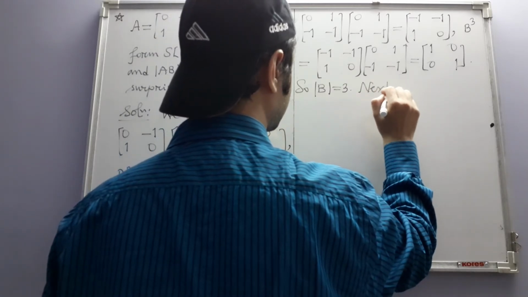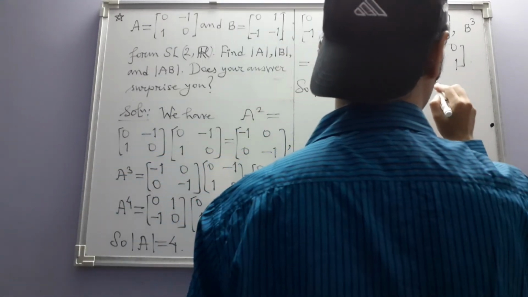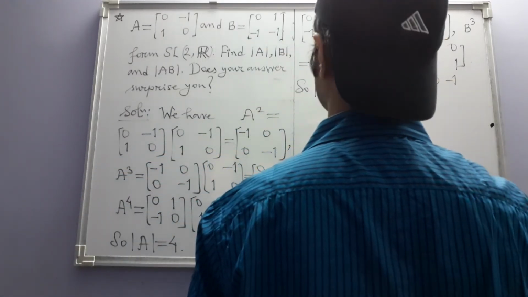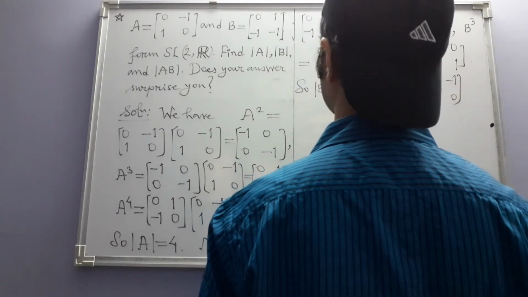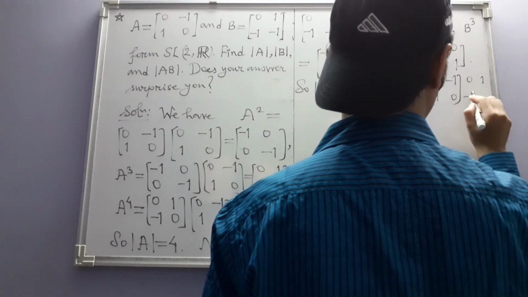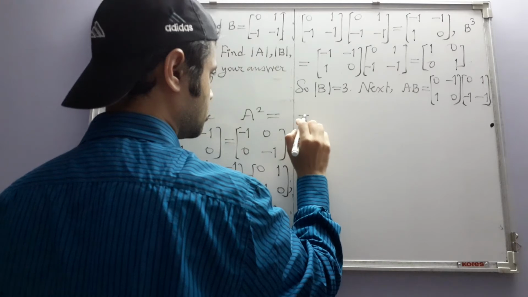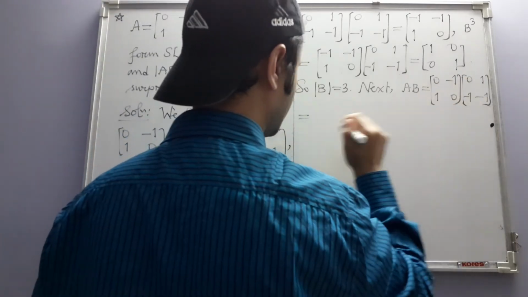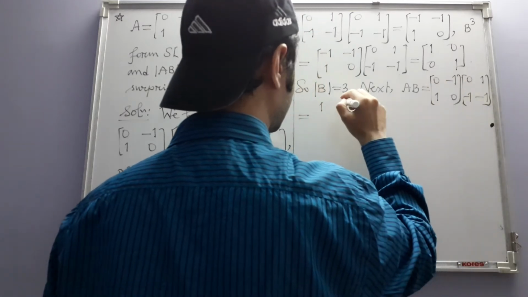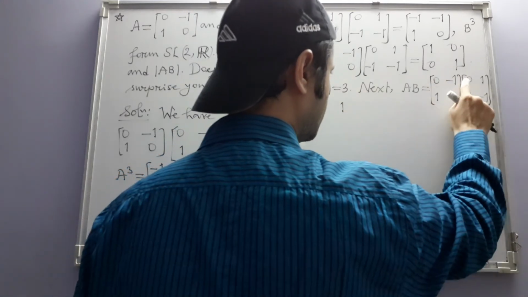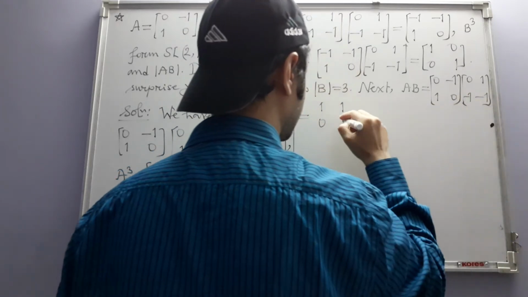Next, what about AB? 0 minus 1, 1, 0, 0, 1, minus 1, minus 1. So AB becomes 0 plus 1, 1, 0 plus 1, 1, 0 plus 0, 0, 1 plus 0, 1.